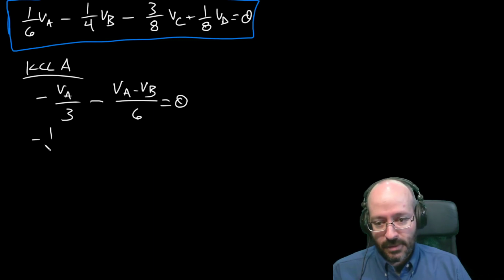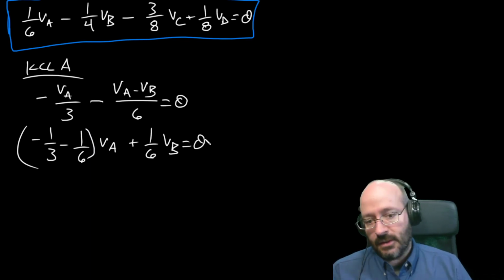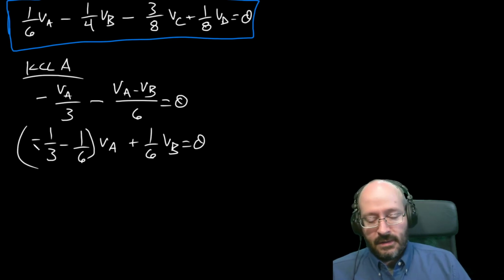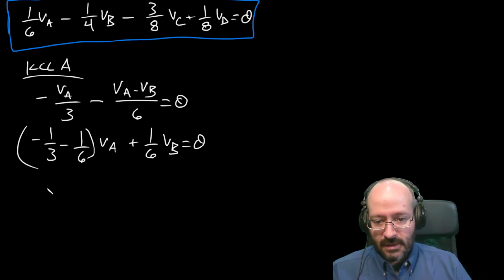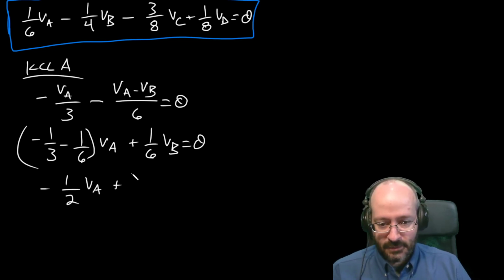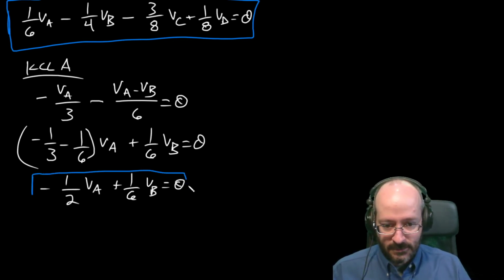So we got a negative 1/3, negative 1/6 in front of VA, plus 1/6 in front of VB, and that's equal to 0. So let's see, we've got a third and a sixth, so that's going to be negative 1/2 in front of VA, plus 1/6 in front of VB, and it's equal to 0. Okay, that one's ready to go.